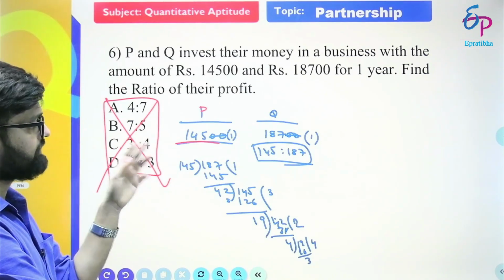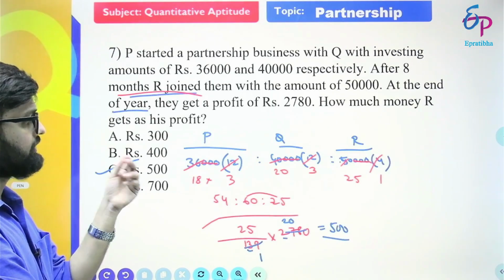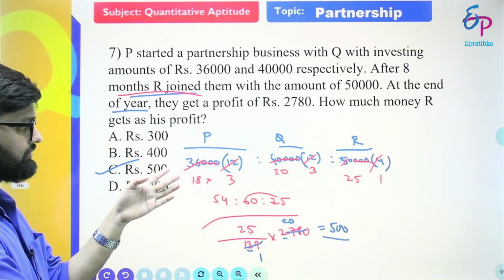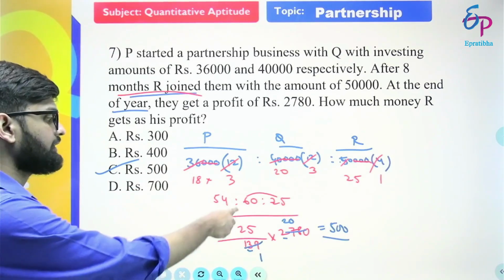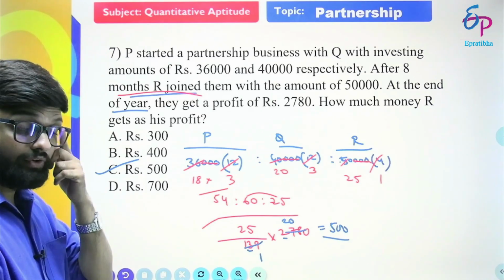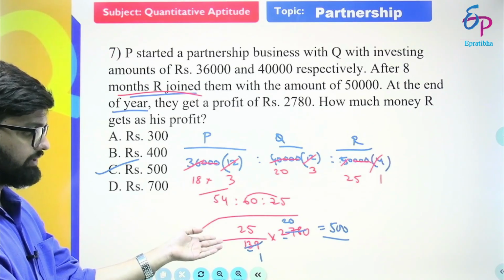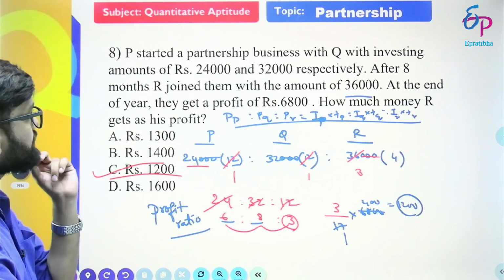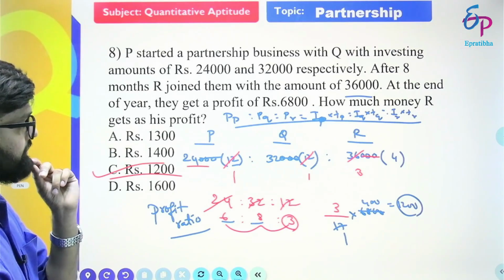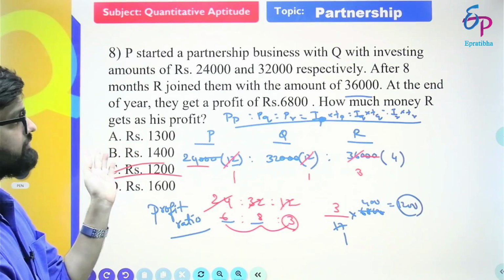There is nothing common between them, so I have shared the profits in the form of a ratio, whatever the ratio they have. The answer is 500.